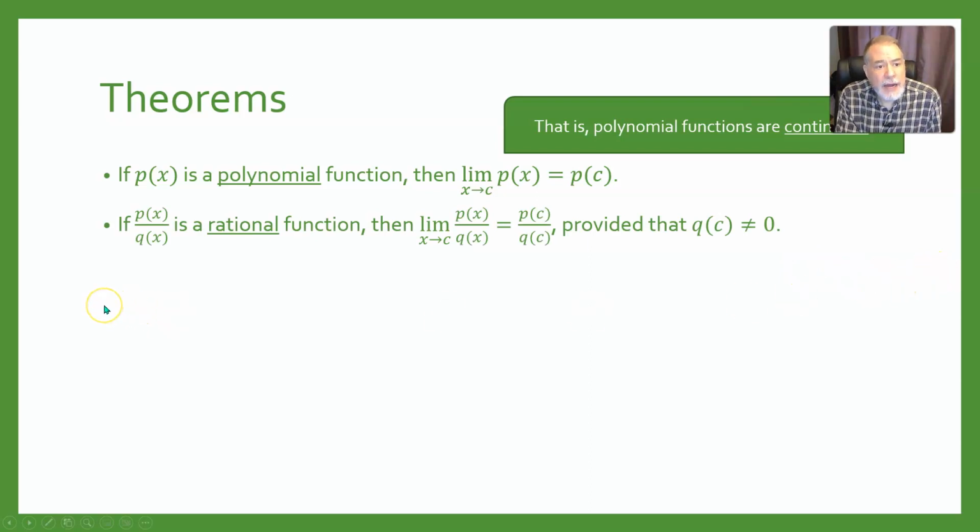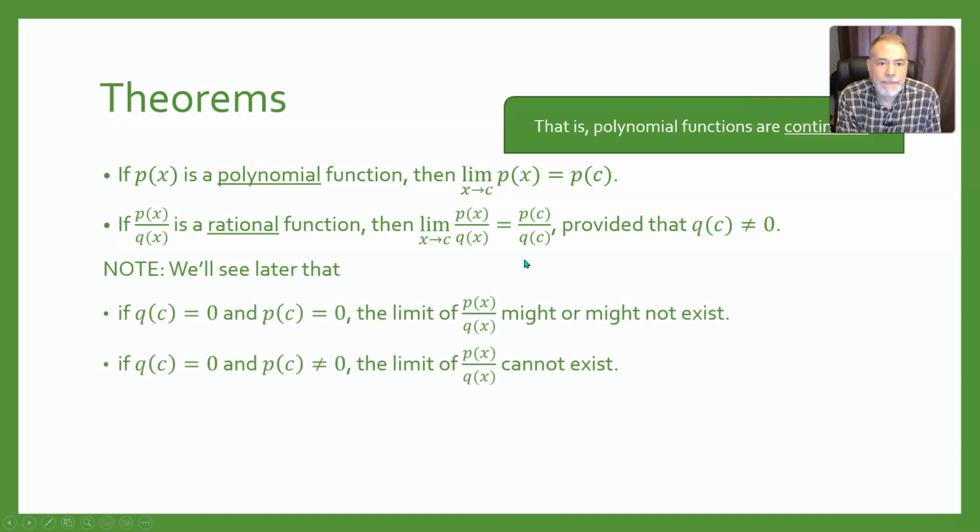Also, if you've got a rational function, something that's in the form of a ratio of one polynomial over another, then the limit of that is just what you get if you plug in the number that x is approaching, provided that doesn't give you a 0 in the denominator. Now we will see that if you do get a 0 in the denominator, then you've got to look at what happens to the numerator.